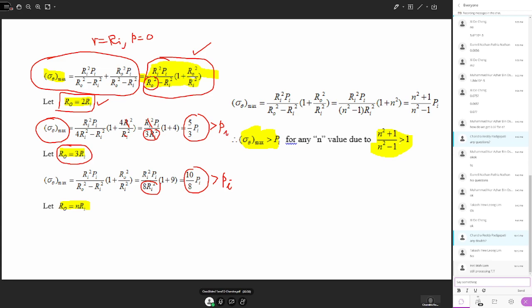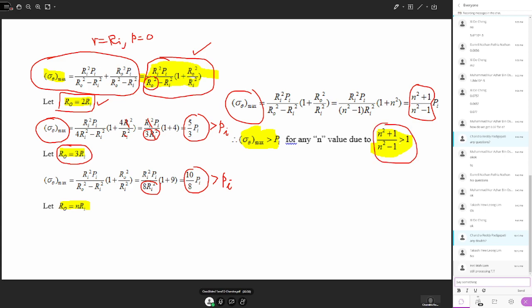So like this, if you keep on increasing the outer radius, whatever may be the number n, the maximum tangential stress sigma theta max we can simply write as n square plus 1 over n square minus 1, which will always be greater than 1.